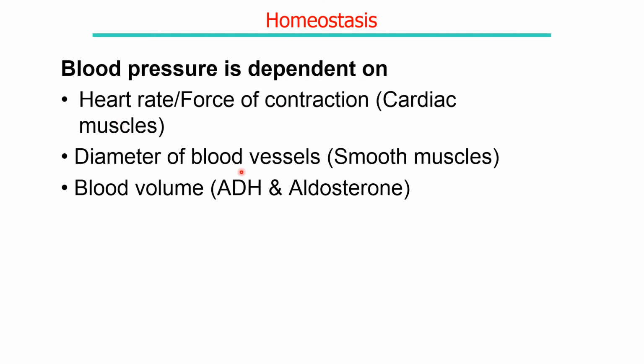The diameter of blood vessels is dependent on contraction of smooth muscles. These smooth muscles are again involuntary, and their control is in the medulla oblongata. So the medulla oblongata is increasing or decreasing the diameter of blood vessels by contraction or relaxation of smooth muscles. The blood volume mainly is dependent on two hormones, antidiuretic hormone and aldosterone.